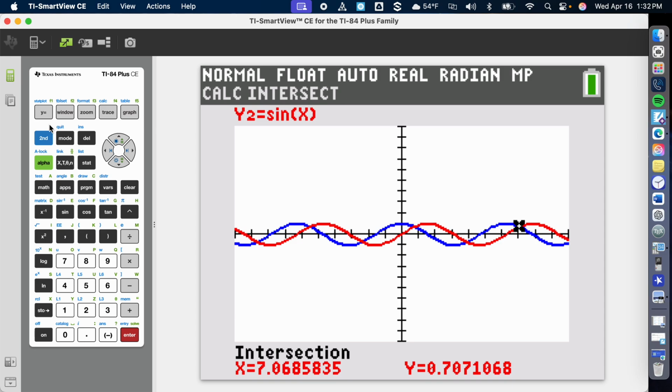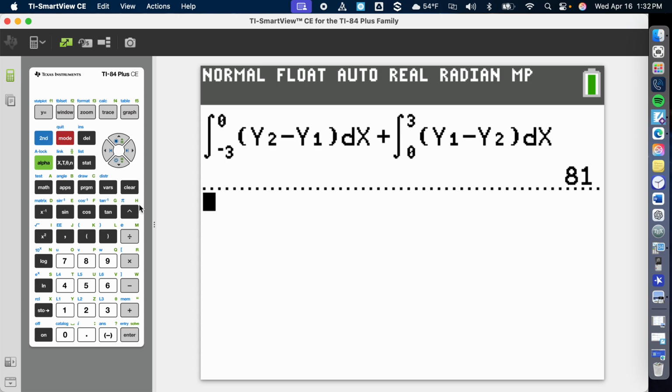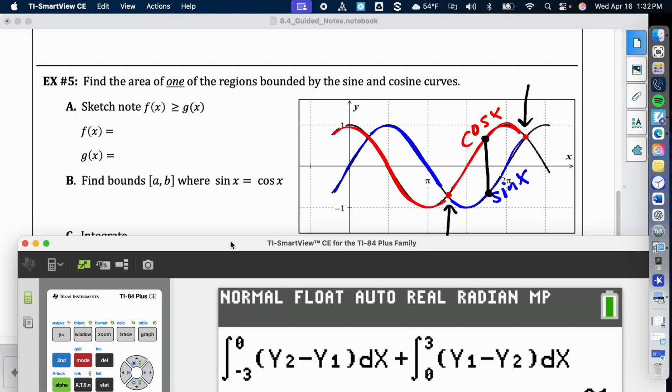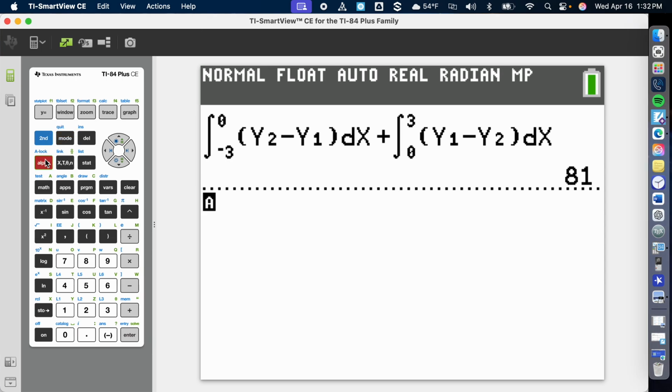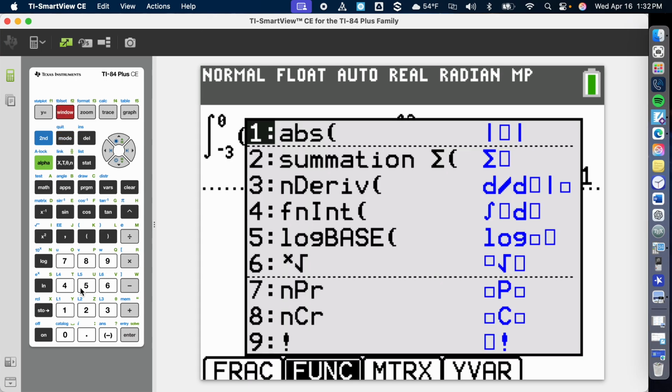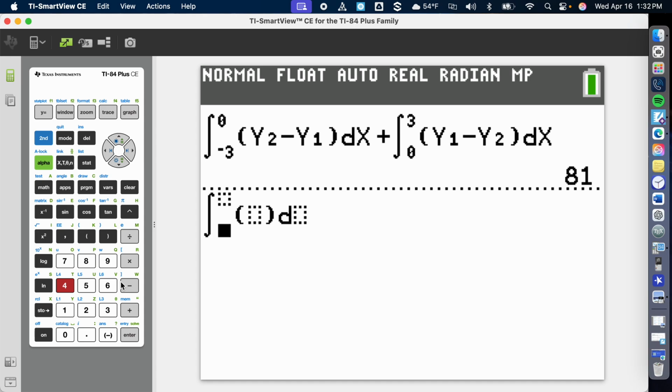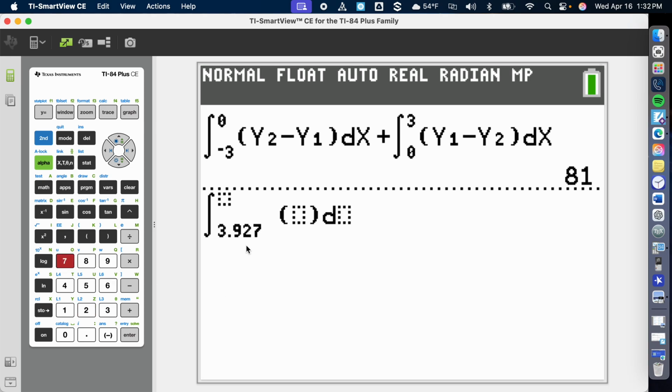Okay. Now I need to exit off of the graph. And I did cosine as y1. So I'm going to have to integrate from 3.927. But yes, this would be 5 pi fourths.